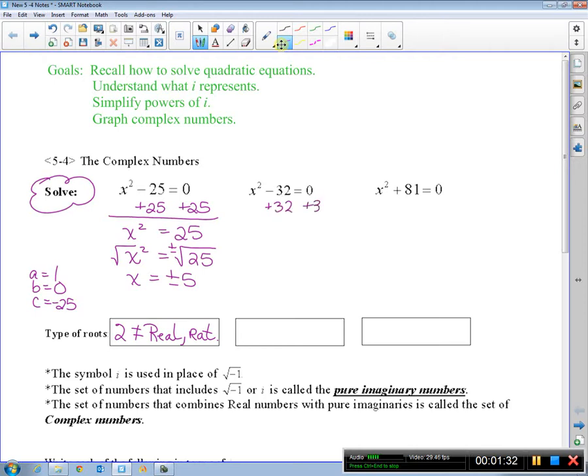Add 32 to both sides. Now square root both sides. Plus and minus when you square root a number.